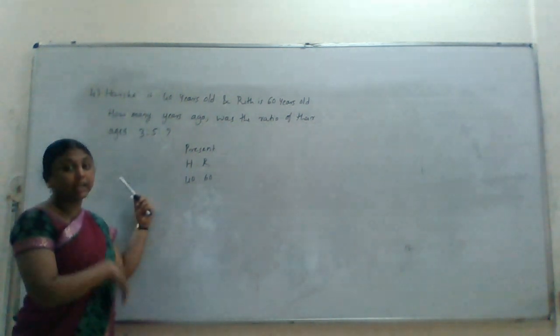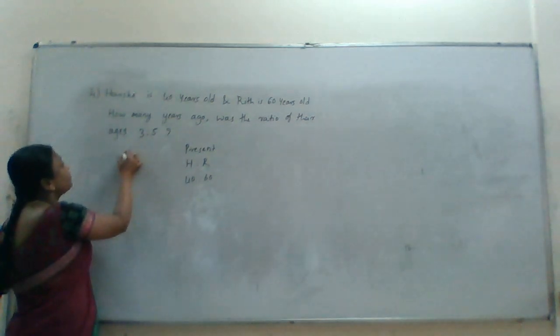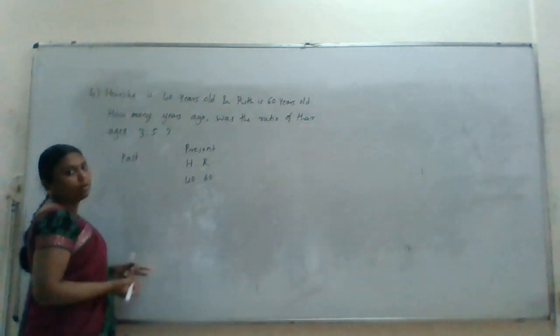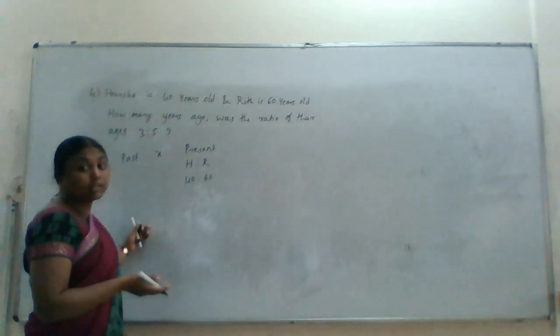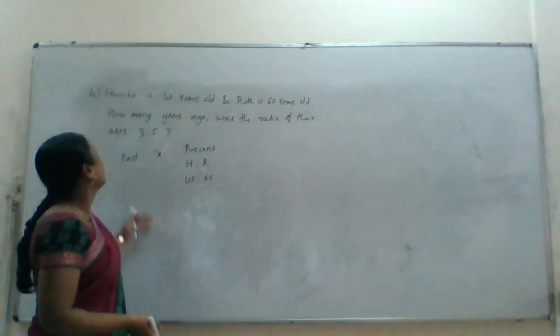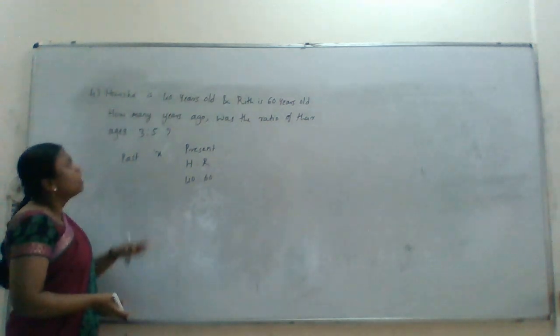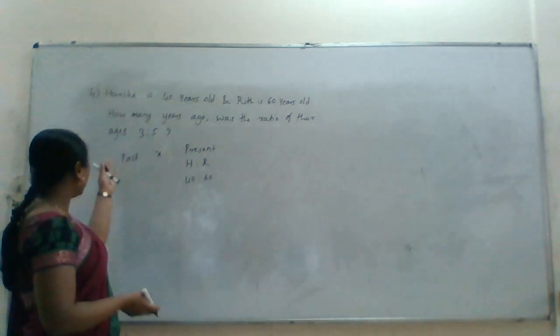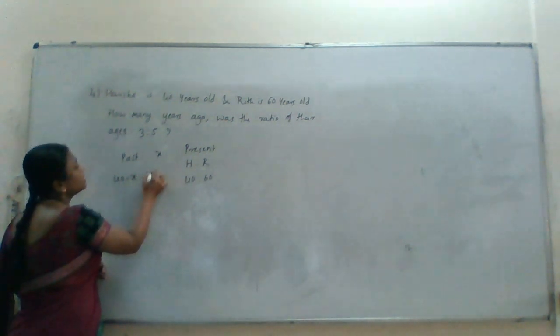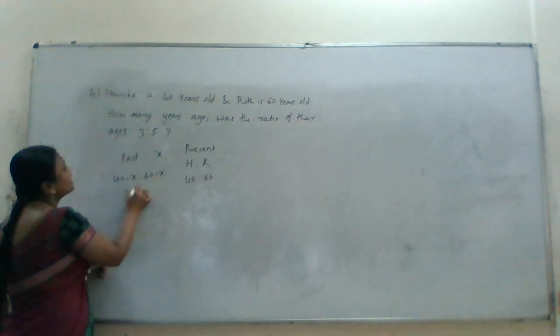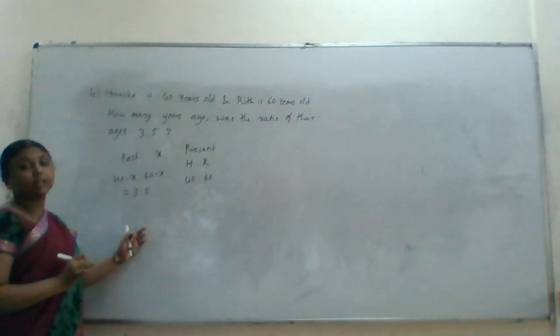How many years ago means you should find the past. We don't know how many years, so you can consider it as x. How many years ago was the ratio of their ages 3:5? So 40 minus x is to 60 minus x is equal to 3:5. This is your given data.